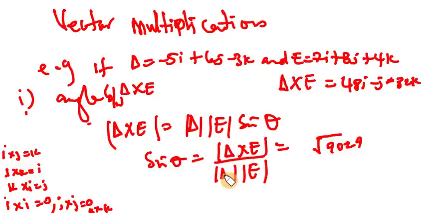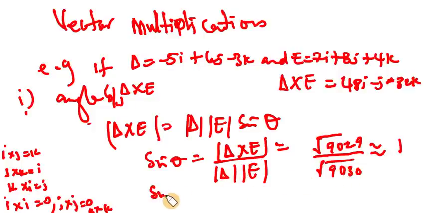And when I find the magnitude of D and multiply it with the magnitude of E, you have square root of 9030, which is approximately 1. I have shown us how we can find the magnitude of this. So when you find the magnitude of D, you find the magnitude of E, you multiply them.